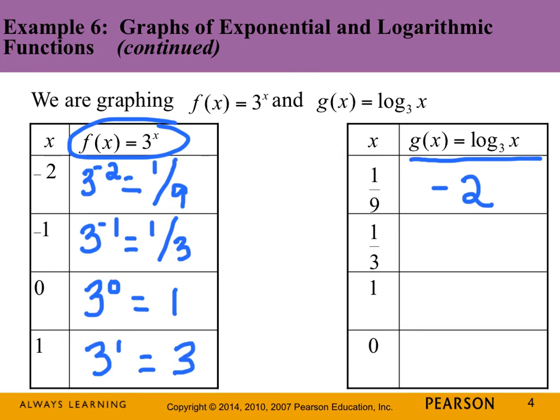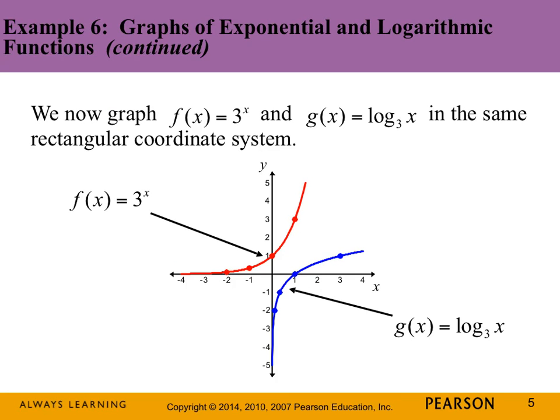We'll have 1/3, -1, we'll have 1, 0, and actually in this table, that shouldn't be a 0, that should be a 3. And so then we'll have a 1 for its y coordinate. And so you will just graph these two in the same coordinate plane. And you should end up with something that looks a little like this.